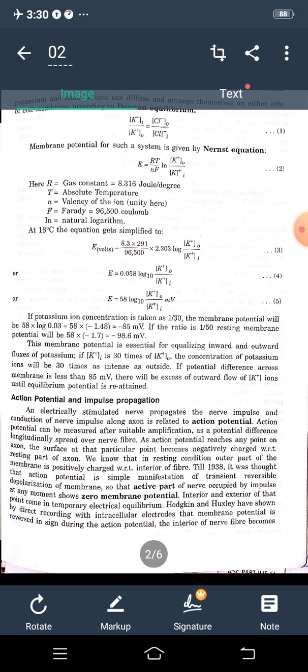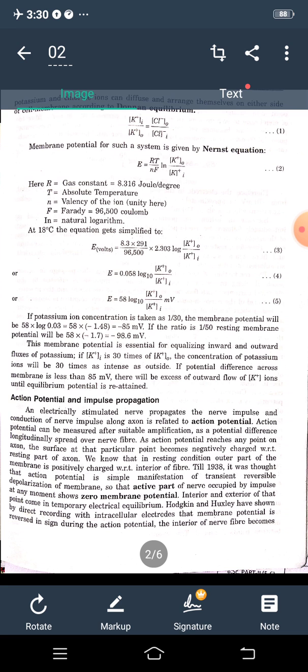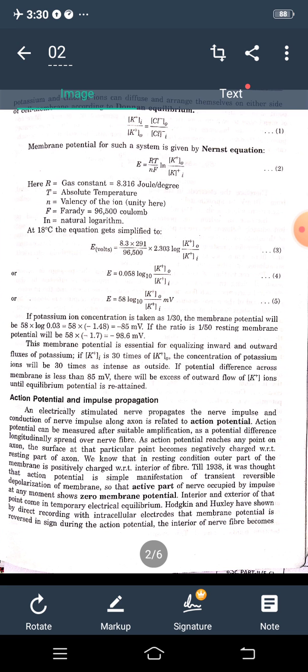Till 1938, it was thought that action potential is a simple magnification of transient reversible depolarization of the membrane, so that the active part of the nerve occupied by the impulse at any moment shows zero membrane potential.